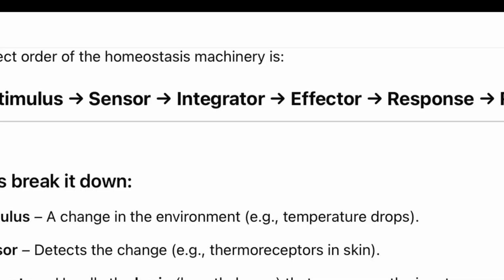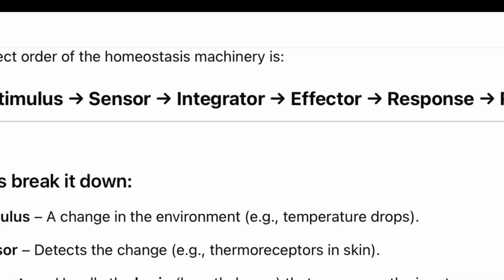Example, body temperature rises. So very beautifully here we see that taking temperature as an internal parameter of the body which is maintained in homeostasis, we can understand what are the components of the homeostasis machinery. First, there is a stimulus, which is the change in environment, which tells us that it is cold outside. Then the sensor, which detects the change, which is the thermoreceptors present in the skin, which makes us feel cold.